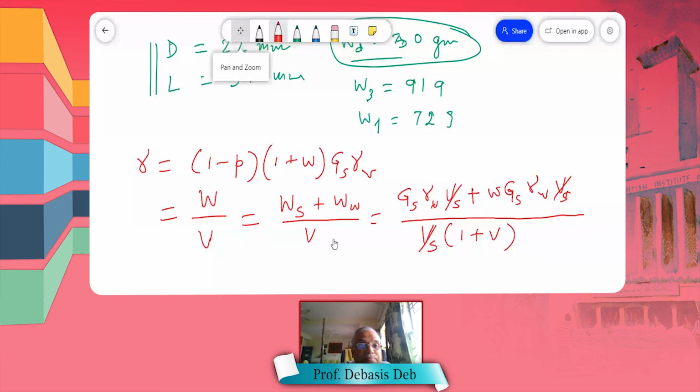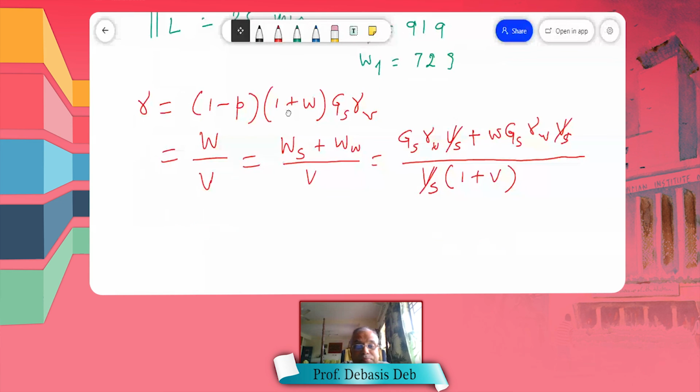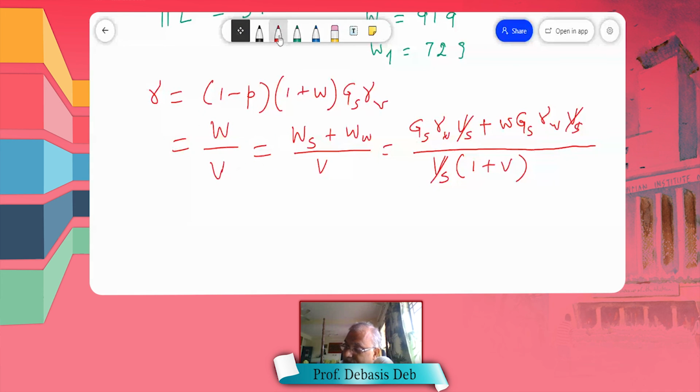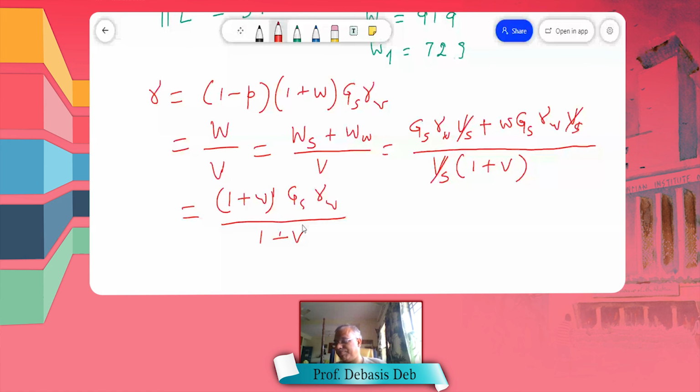So this finally comes down to 1 plus w, GS gamma W, divided by 1 plus e. And I have given you before a relationship between e and n.